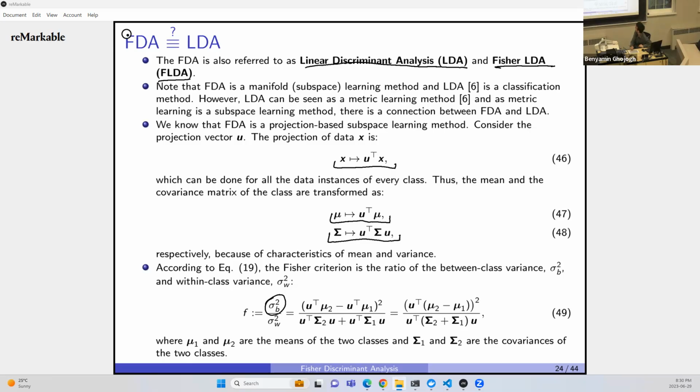Sigma b squared. So I can write it as (U transpose mu2 minus U transpose mu1) squared. Why? What was sigma? U transpose mu2 minus U transpose mu1, times U transpose mu2 minus U transpose mu1, transpose.